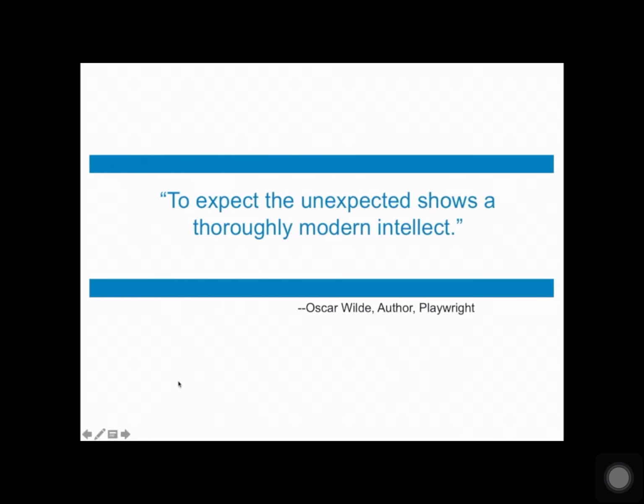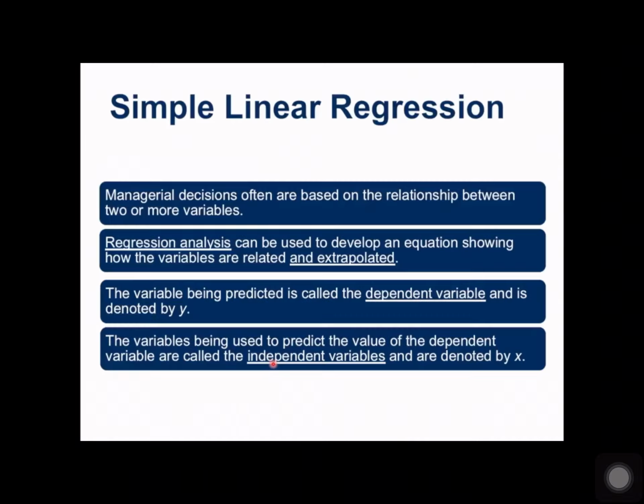To expect the unexpected shows a thoroughly modern intellect, an homage to Oscar Wilde because, well, why should the Smiths have all the fun? Simple linear regression. This is really where managers are seeking to make decisions based on some kind of relationship between two or more variables.